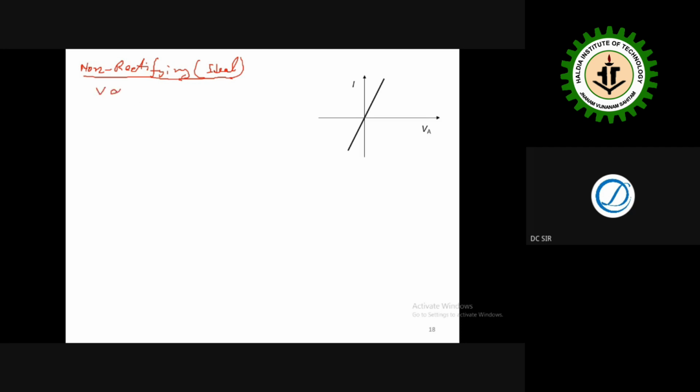Here V is proportional to I, that means del V by del I is equal to R, which is very low in the case of ideal ohmic characteristics. That means this is almost closer to the axis.